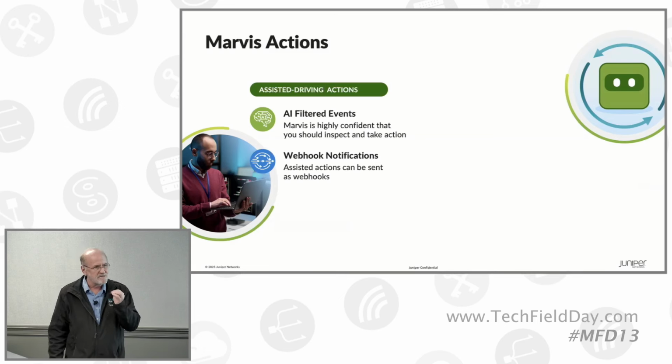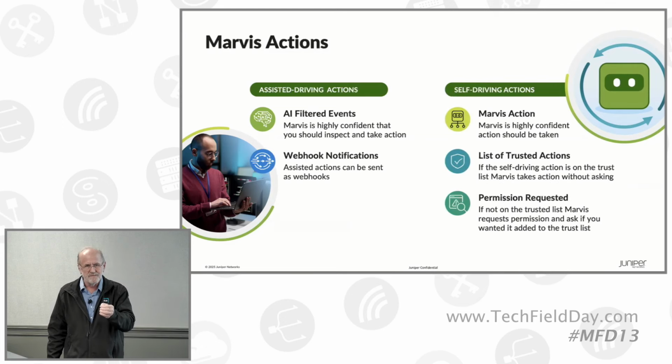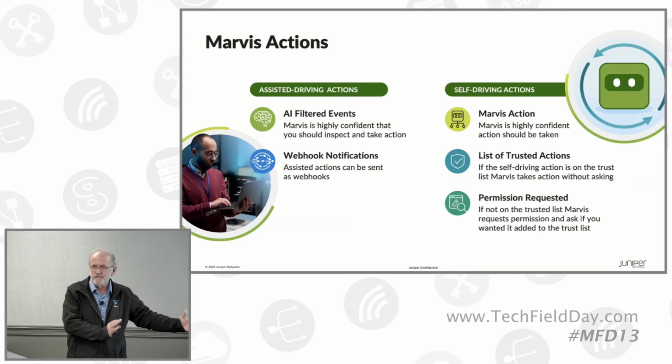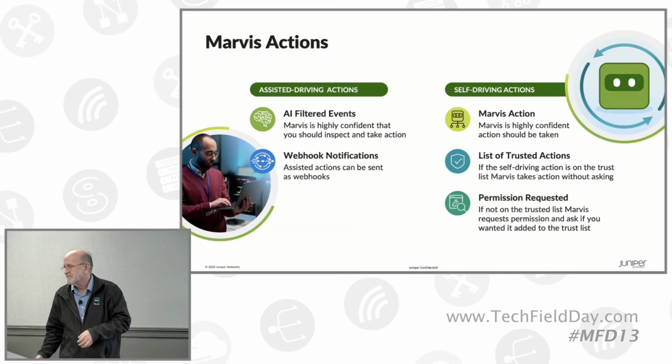With this Marvis Actions facelift, you're going to see us start driving more towards self-driving. This is where Marvis knows how to fix a problem. Marvis is going to start asking permission to fix that stuck port, fix that missing VLAN, and then ask, would you like me to put this on the trusted self-driving list? So this is the Marvis Actions facelift, where we are moving from that assisted driving experience to more of that Waymo Uber fully self-driving and earning the trust of IT.